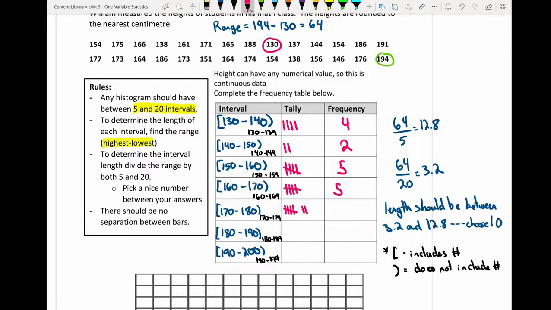I've done this before, so I just know quickly what they are, because I don't think you would want to sit there and watch me go through and cross them off. But again, I'm just going through my values at the top, and I'm seeing which ones fall into these specific intervals. And lastly, there are 2.